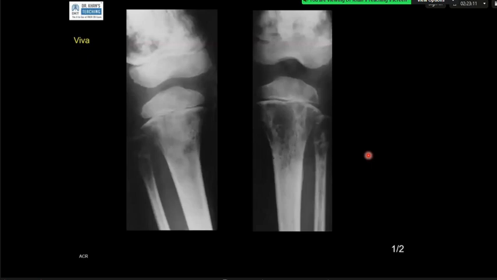This is the left fibula. There is a line, maybe this is a fracture line, I am not sure, seen in the proximal end of the fibula.